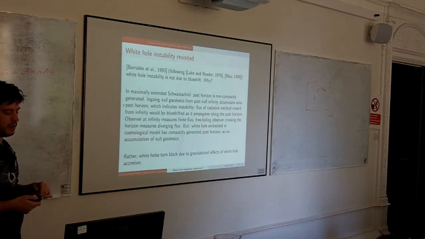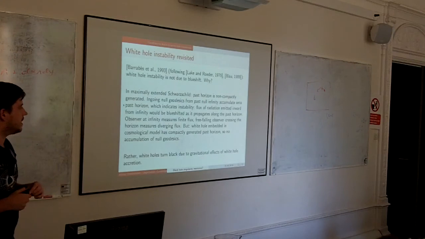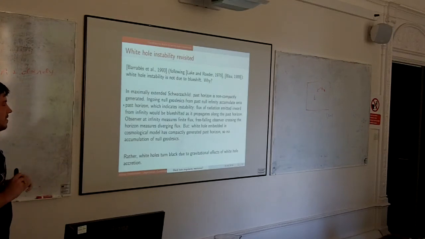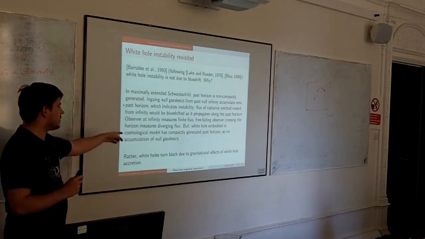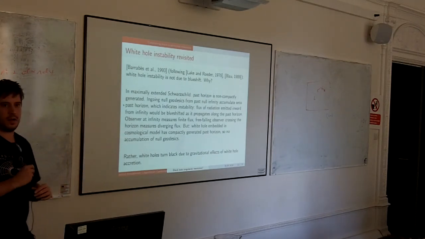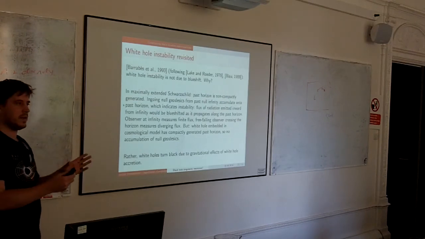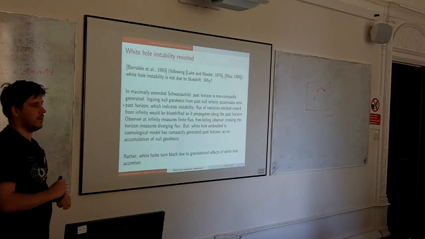And the reply to that, which as far as I know was first made in Lake and Roeder, is that actually if I consider my white hole as embedded in a cosmological model, the past horizon is compactly generated, so there is no accumulation of null geodesics, and so there is no blue shift, and so if white holes are unstable, it's not due to blue shift.